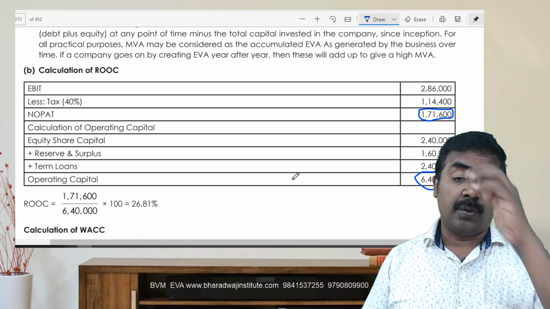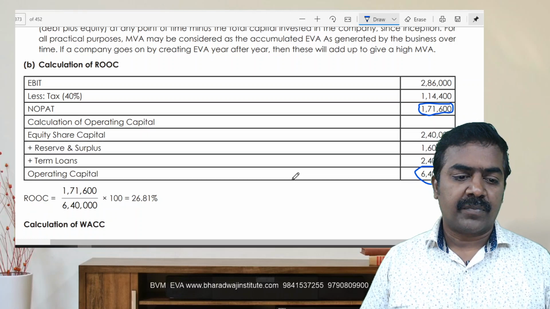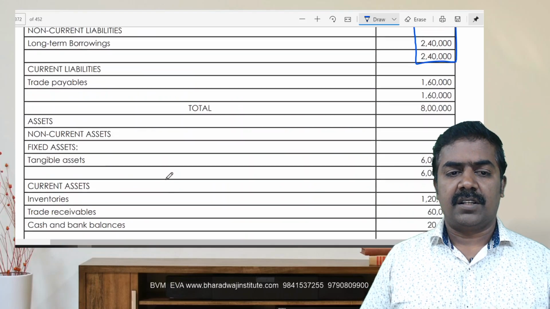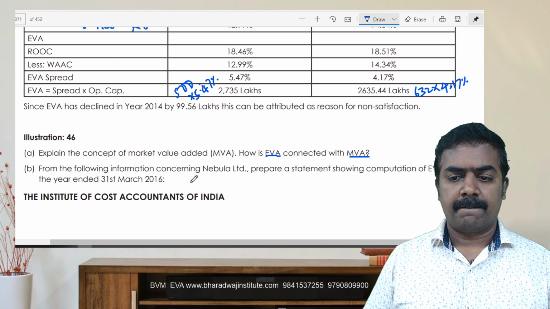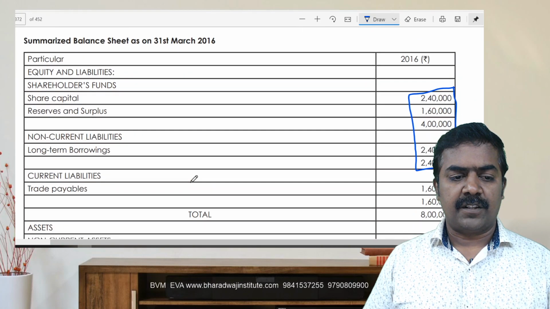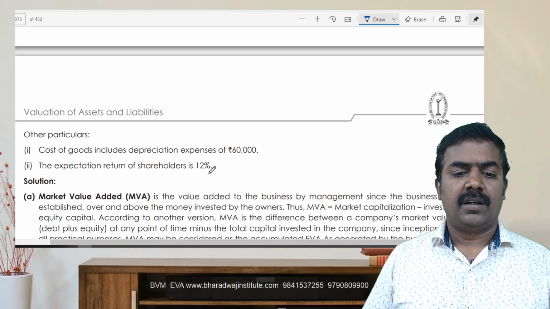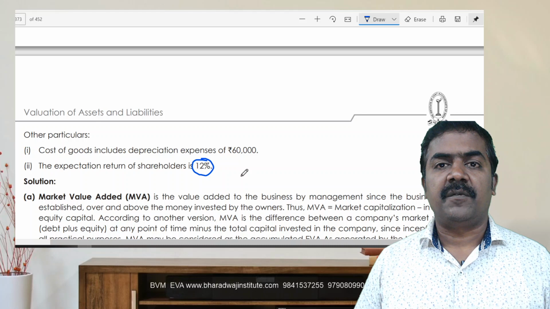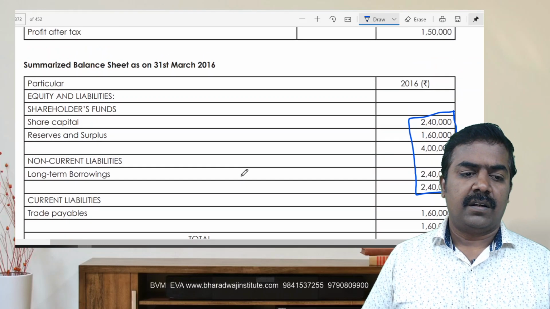That will give us 26.81%. This is the return on capital employed, ROCE. Then cost of debt: it's given, how much percentage? Expectation of the shareholders is 12%, which means cost of equity is 12%.